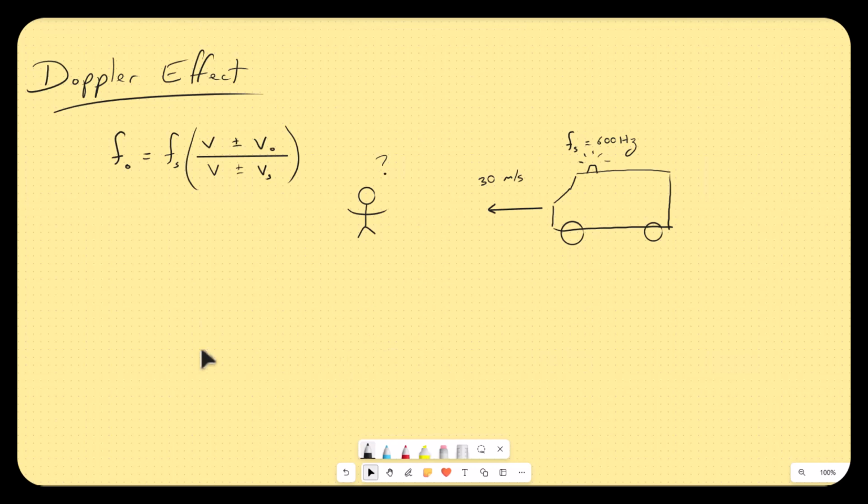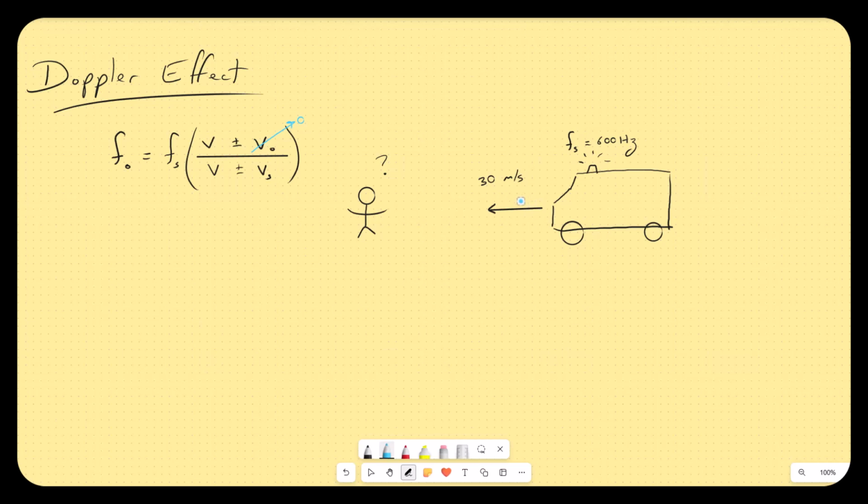So let's do this. Our observer is stationary, so we're going to have nothing there. We've got a speed of the source, and we need to decide if we are going to use a plus or a minus. When I'm standing here, there is a source that's putting out 600 hertz. It's moving toward me. If I think of this not as a sound, but in terms of water balloons, this thing is shooting 600 water balloons per second.